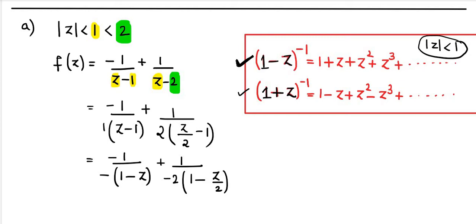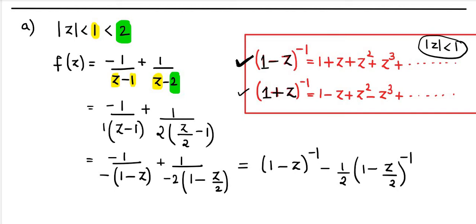Now bring these small brackets to the numerator and let us expand. So minus into minus is plus. The first term will be 1 minus z raised to minus 1. The second term will be 1 by 2 into 1 minus z by 2 whole raised to minus 1. If you observe, we have to use this formula to expand both the series.